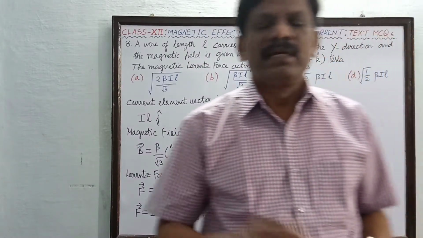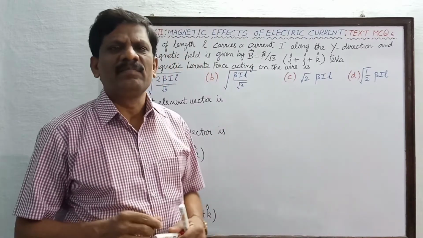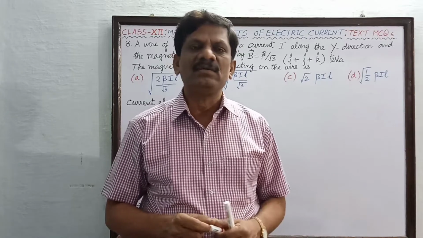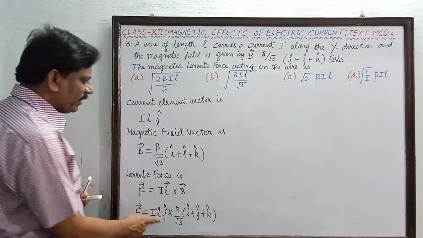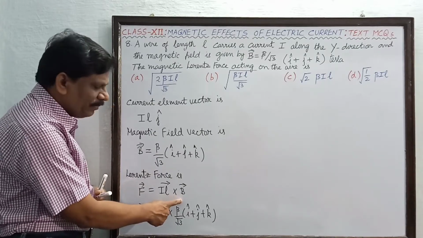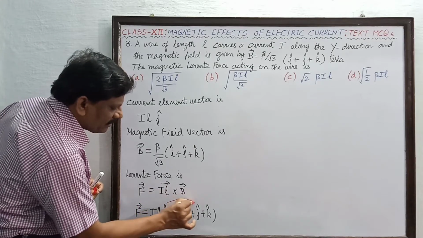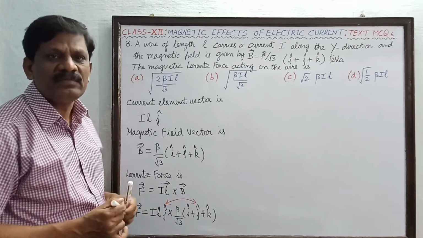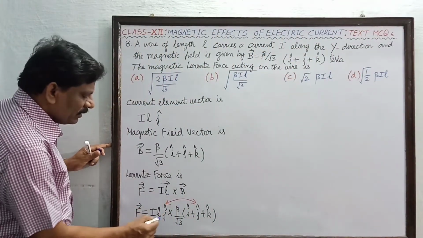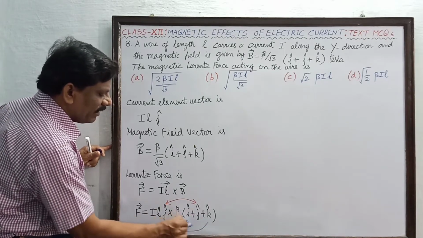Now, the cross product of two unit vectors: for example, i cross i is 0, j cross j is also 0. So when you do the cross product of j cap with i cap, j cap and k cap, the j cross j component will vanish, while j cross i and j cross k will remain.